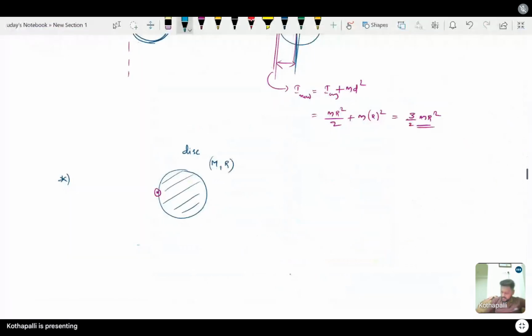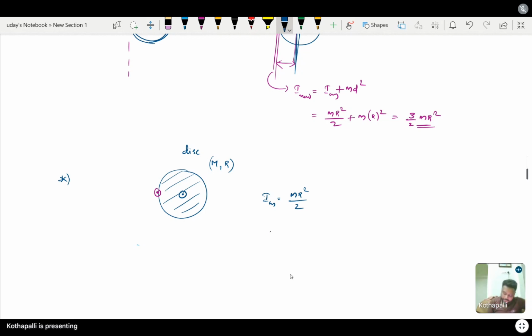See, the disk is like this, and the axis of rotation is this. So directly you can apply the parallel axis theorem. About the center of mass axis, we know the moment of inertia is mr square by 2 for a disk. And these two axes are parallel. This one and this one.